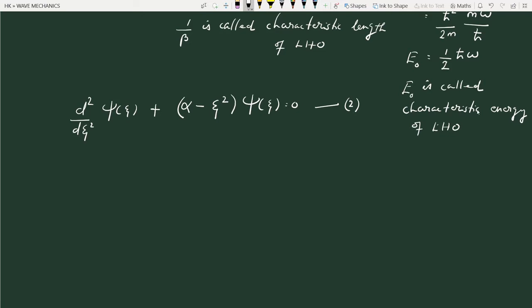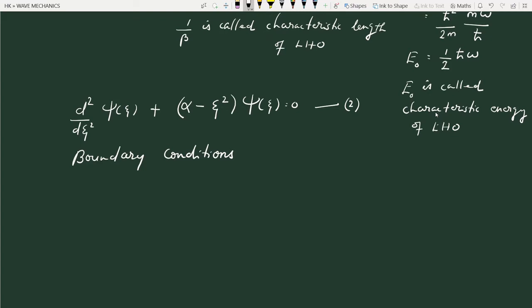In order to solve this equation, at one stage we have to apply the boundary condition. So what is the boundary condition here? Remember that boundary conditions are often nothing but admissibility conditions on the wave functions expressed on the boundaries.